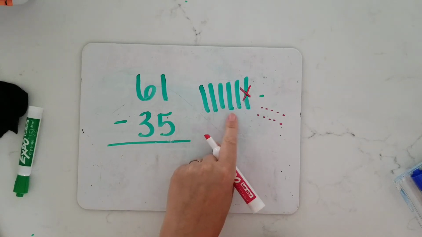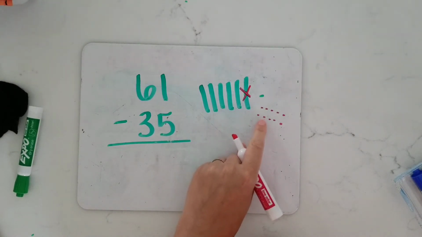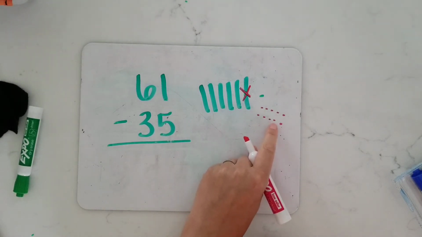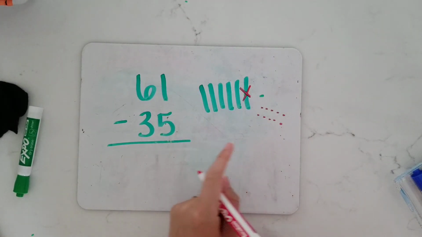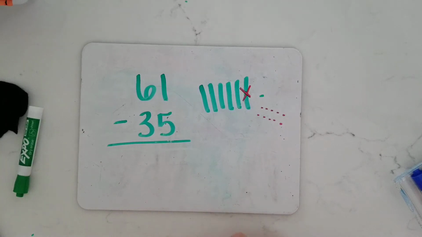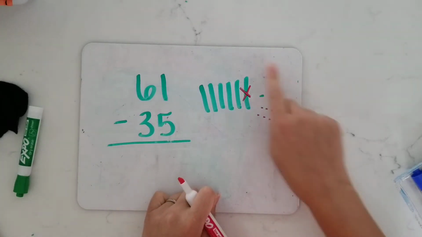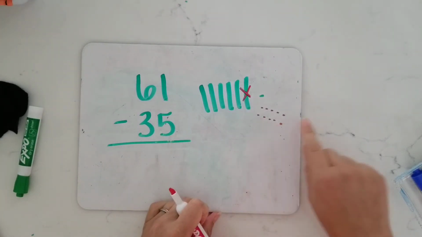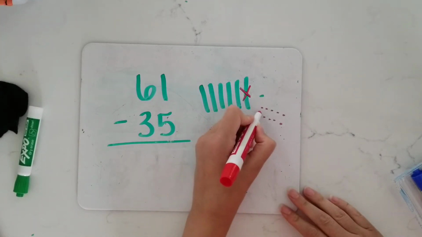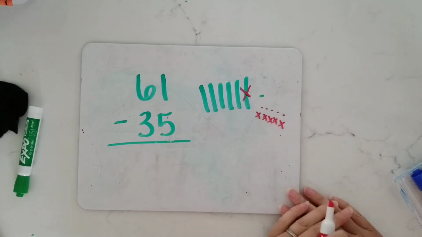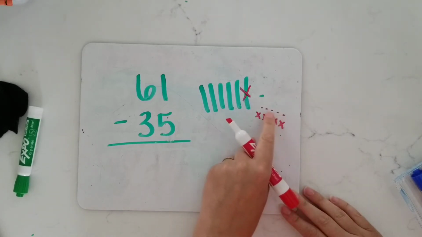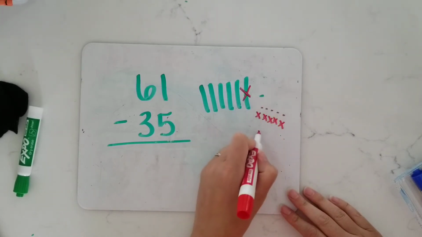10, 20, 30, 40, 50, 51, 52, 53, 54, 55, 56, 57, 58, 59, 60, 61. I haven't changed that I have 61. I've just regrouped my number a little bit. So now I can easily take 5 away because I have all these ones. So let me take 1, 2, 3, 4, 5, and I'm left with 1, 2, 3, 4, 5, 6 ones.